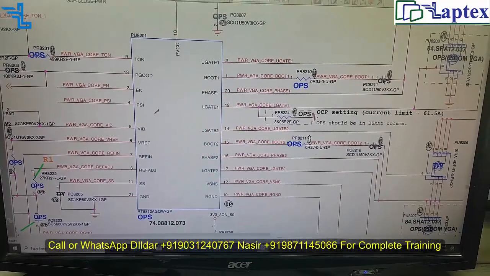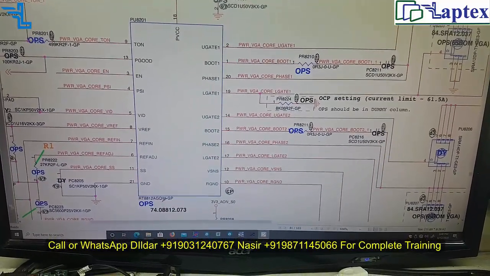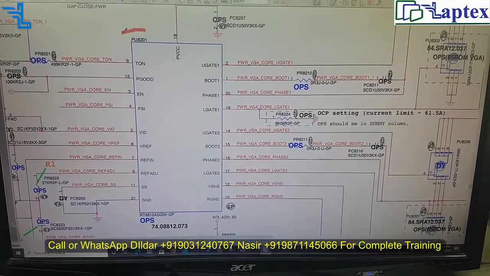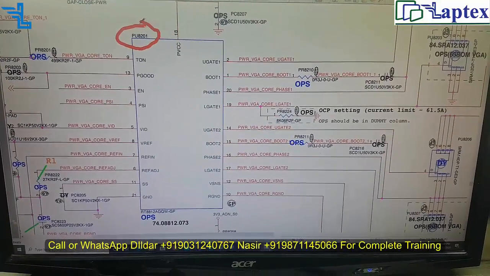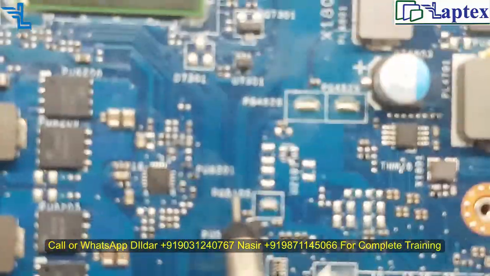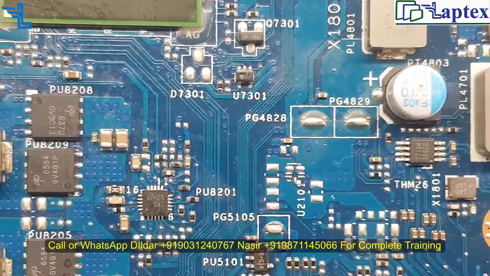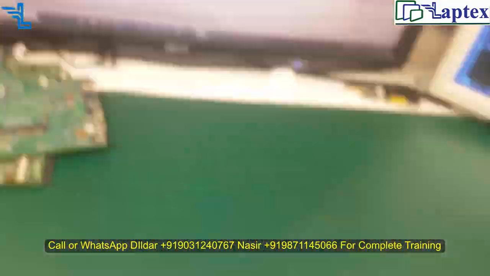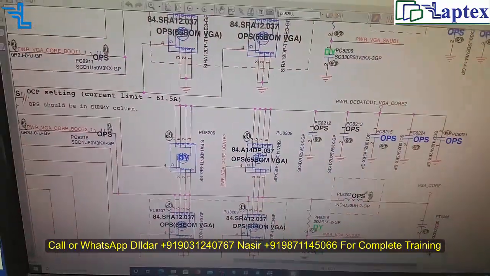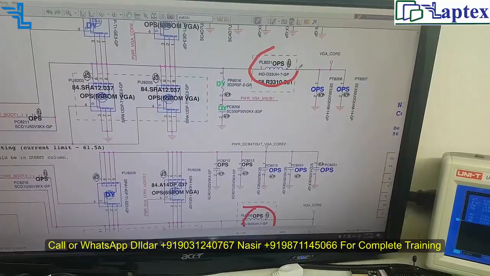The regulator name is RT8812AGQW, and it is named PU8201. This is a dual phase regulator. As you can see, this is phase 1 and this is phase 2.